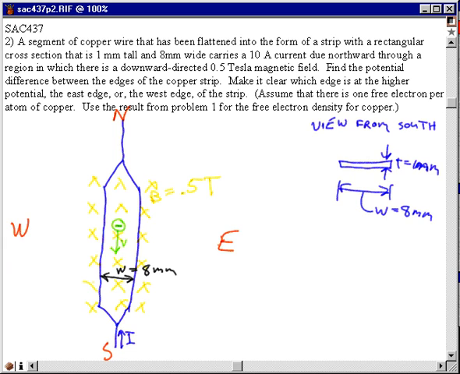By the right-hand rule for the cross product of two vectors, V cross B is eastward.